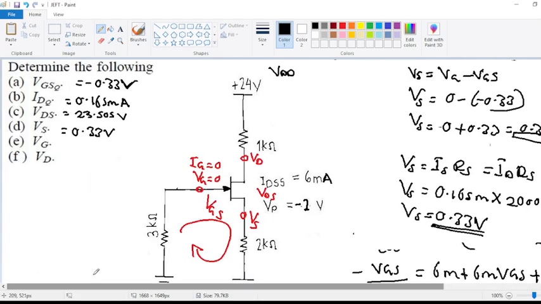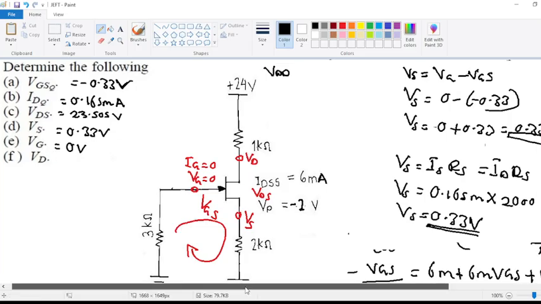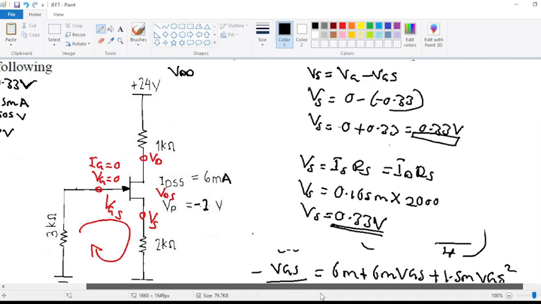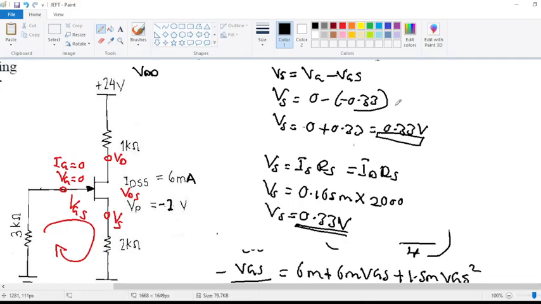We go to the VG. We say that VG is equals to what? VG is equals to 0 volts. The VD, how do you calculate now the VD? So VD, we know the VS there. This is our VD. So to be VD minus VDS minus VS is equals to 0.